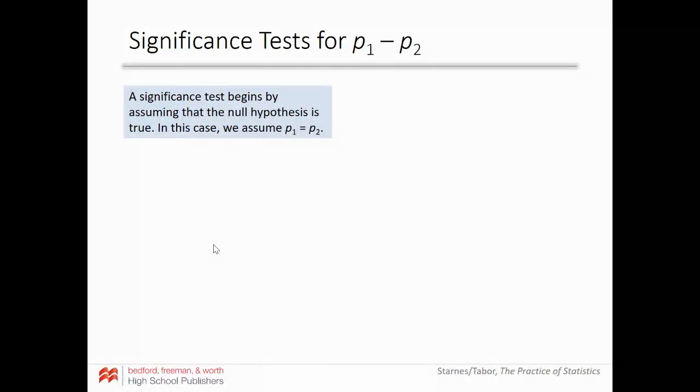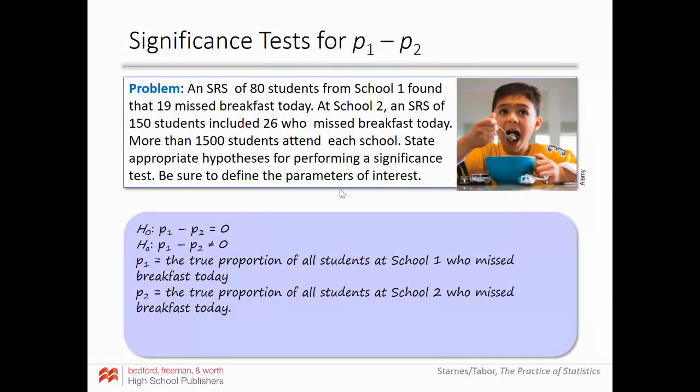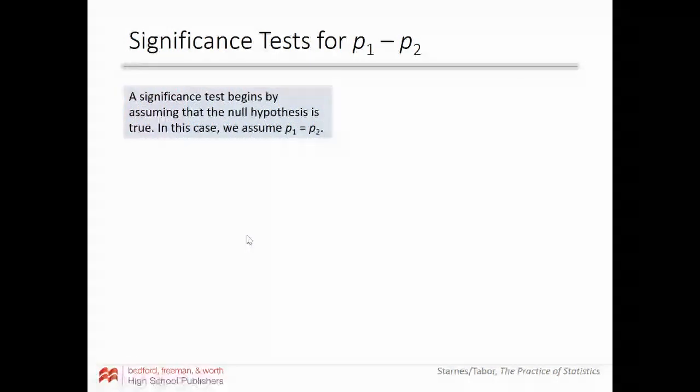So here's where the big new idea is. When we do significance testing, we always assume the null hypothesis is true. So we always assume it's true. In this case, we're assuming that p1 is equal to p2. Because if we had p1 minus p2, again, you can add that p2 over, you get p1 is equal to p2. So we're assuming that is true.